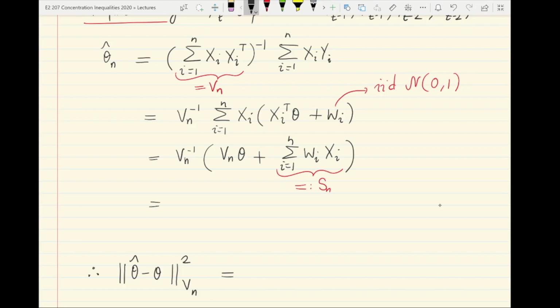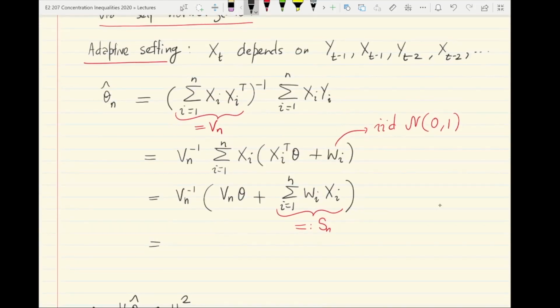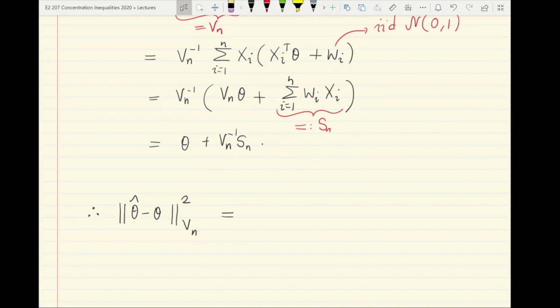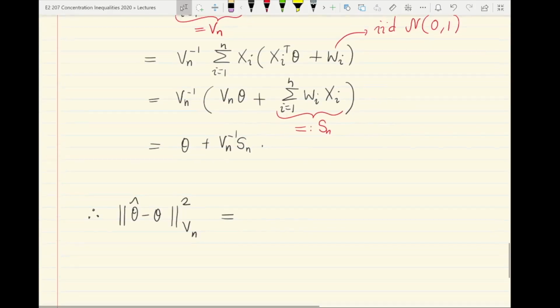And so this finally gives you theta plus Vn inverse Sn. So theta hat n is exactly equal to the original theta plus Vn inverse Sn. Theta is the original non-random parameter. Vn inverse Sn is a random vector which could have bias because of adaptive data collection. Nevertheless, if we take theta to the other side and find the Vn weighted matrix norm of theta hat minus theta, then we just get the Vn weighted matrix norm of this Vn inverse Sn.